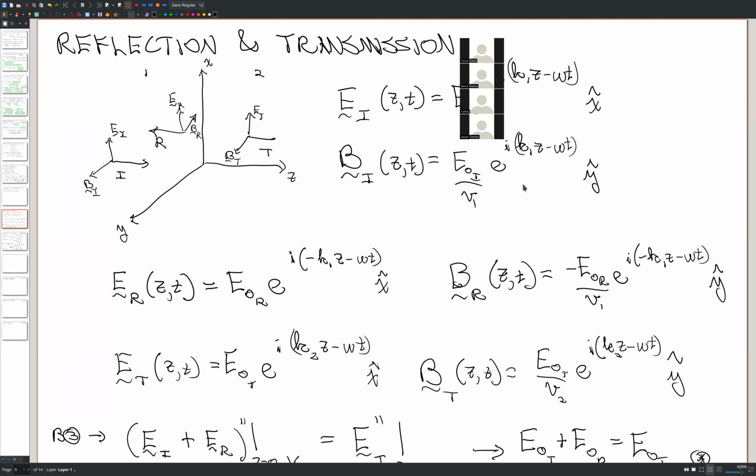Then the only challenge remaining is to actually match the boundary conditions on the electromagnetic fields at the interface between the two media. Hopefully this whole logic is completely clear and almost trivial for you at this stage.